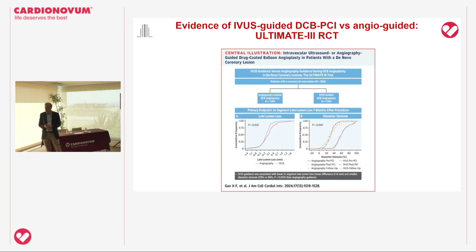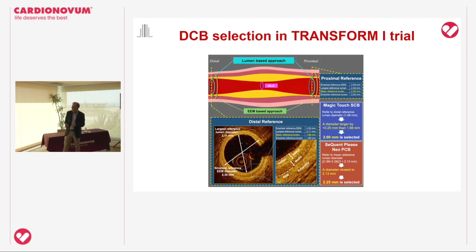The endpoint was a surrogate endpoint, in-stent late luminal loss at 7 months after the procedure. Those patients in whom IVUS-guided PCI was performed showed less late lumen loss at follow-up. So an improvement in the angiographic parameters of restenosis. This is the evidence we have in the context of DCB PCI.